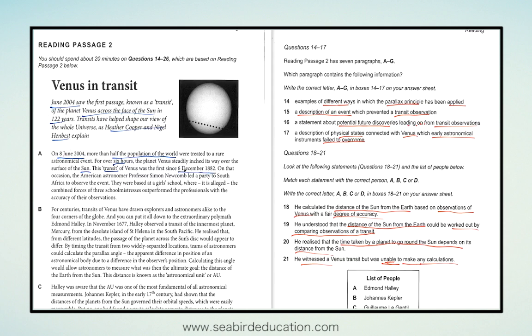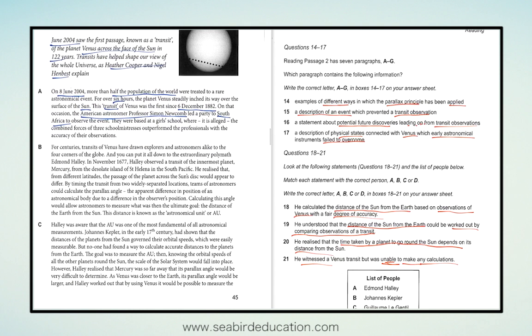6th of December, 1882. American astronomer. Went to South Africa to observe the event. It's interesting. I shouldn't be reading all of it. I suppose that is really the first paragraph as well, so it's okay to read the whole thing. But now quickly, we don't have time. So for centuries, that's a period of time, useful to know.